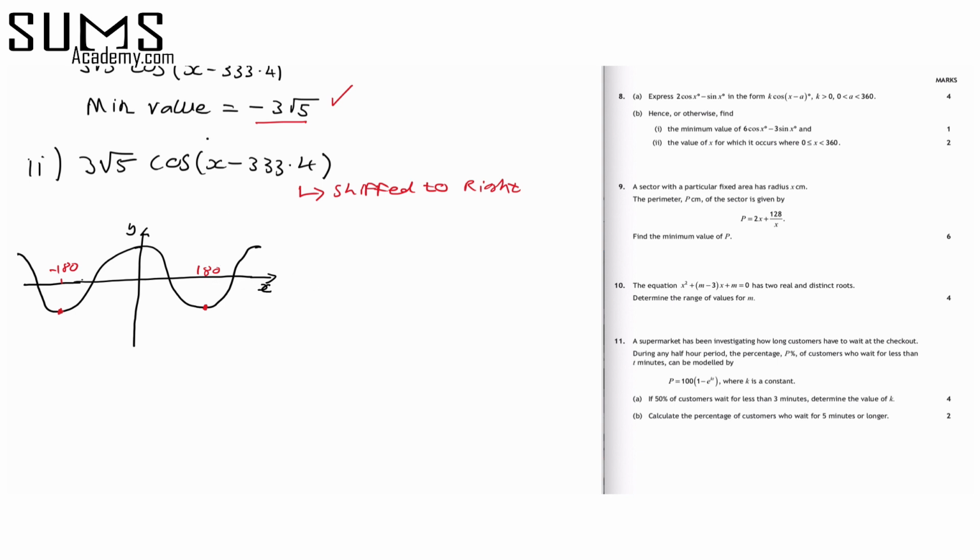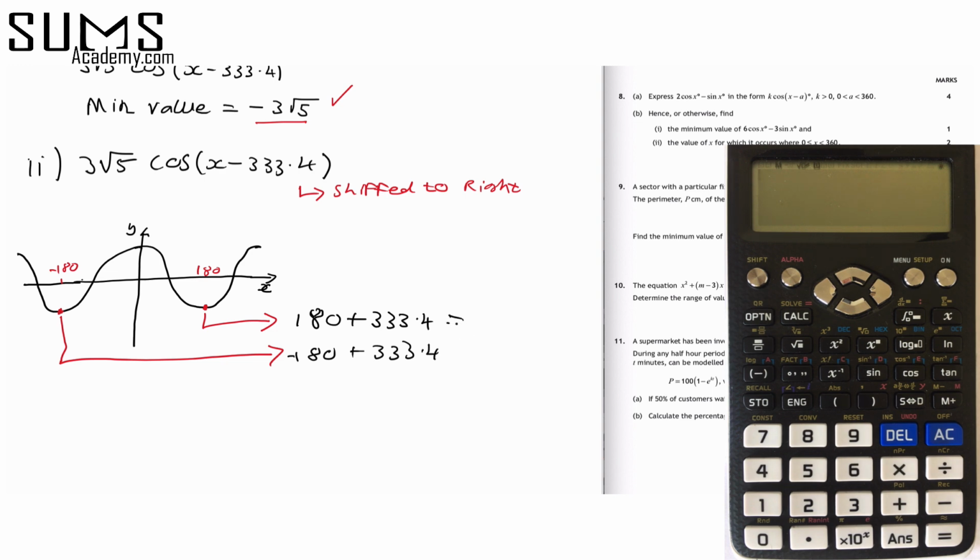Okay, so let's have a look at what these values are going to end up being. They're going to be 180 plus 333.4, and then the other one is going to be minus 180 plus 333.4. I'll tell you the reason we're checking both of these, it'll make sense in a second. So what does this equal?